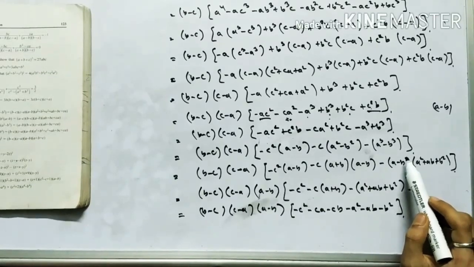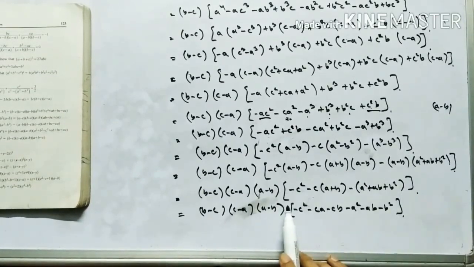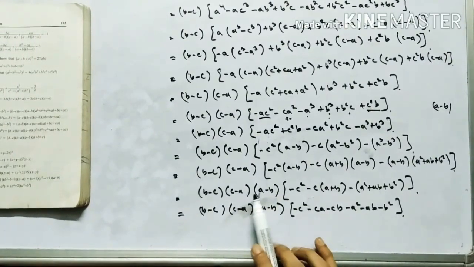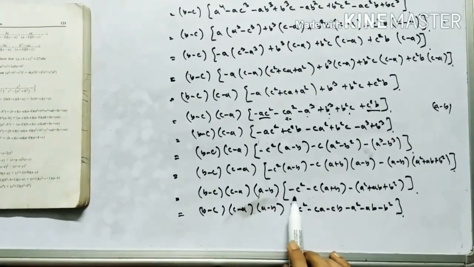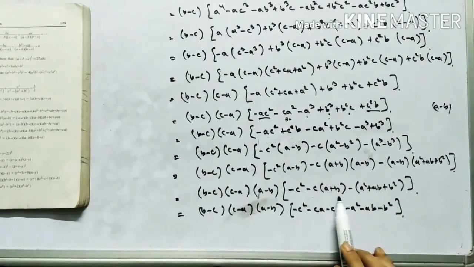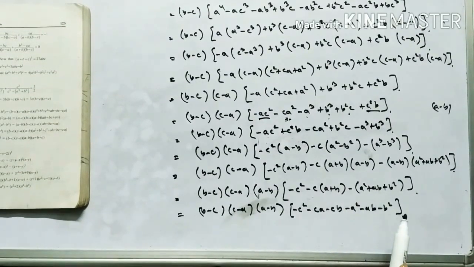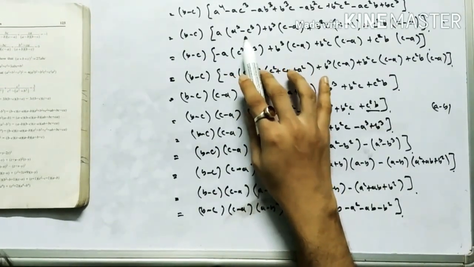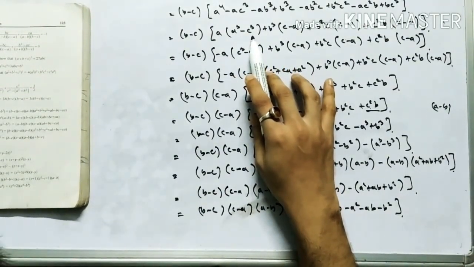So (a minus b)(b minus c). This is again minus c square, a minus b common, minus c square minus c(a plus b) minus. This is a cube minus c cube common.